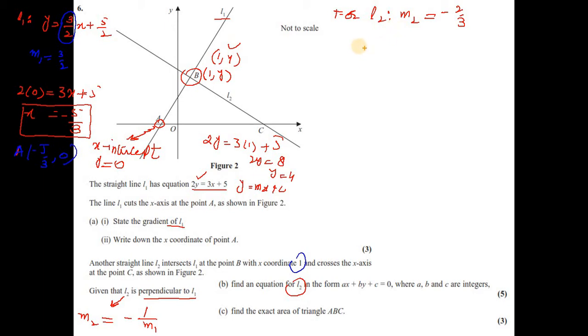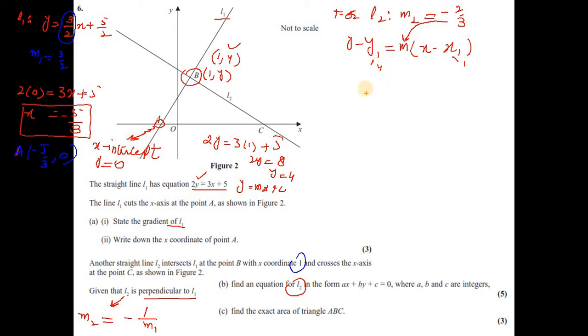For the L2 equation we use the slope-point form, y minus y1 is equal to m times x minus x1. Remember, this m is the gradient of the line, and x1 and y1 are a point on the line. In this case, the gradient is minus 2 by 3, and x1 and y1 are 1 and 4.